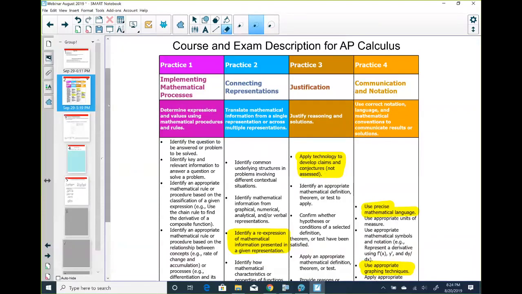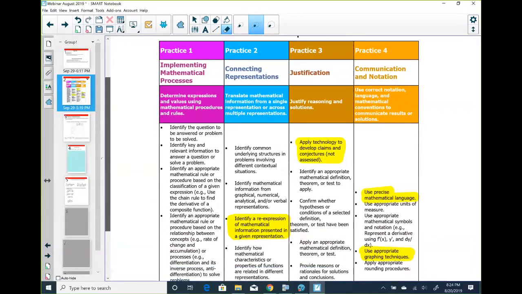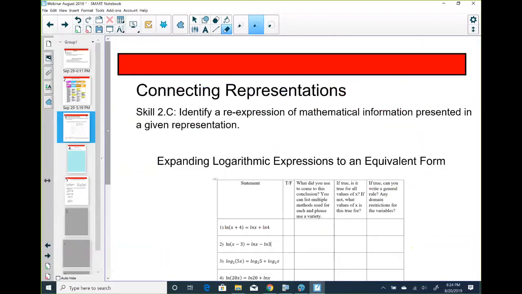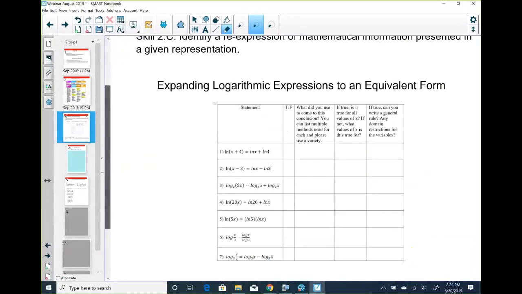Okay, so I am going to start with logarithms. What I have here, and I supplied this activity for you, is a little snippet of an activity where I have a bunch of statements for students to look at and decide, are these statements true or false? So I'm going to look at the left side, I'm going to look at the right side.